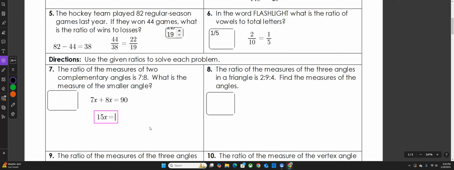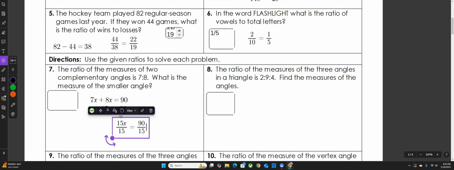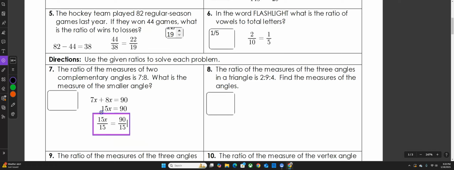So that gives us 15x equals 90. And then if you were to divide both sides by 15, that would give you a final answer of x is equal to 6.